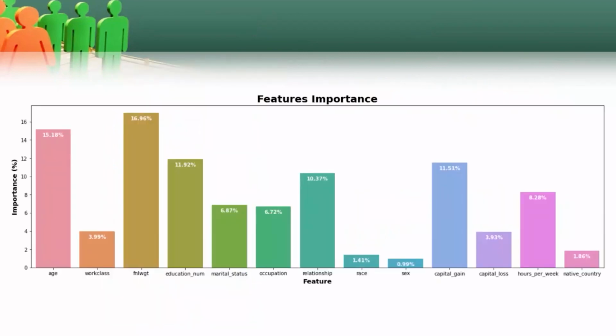When we see this in a graphical mode, we can infer various conclusions directly. As we can see, age has 15.18% importance. This is also quite expected, as experienced individuals tend to get paid more than a new graduate.